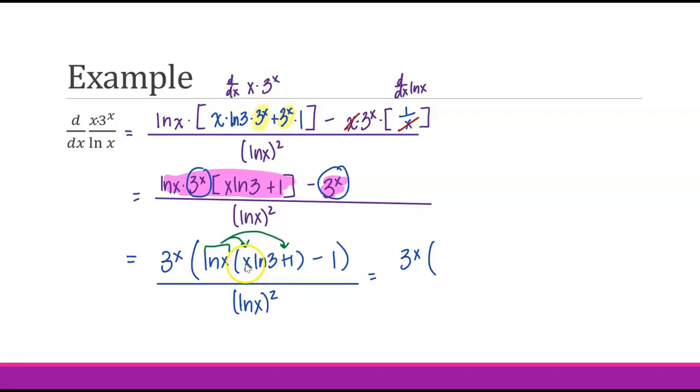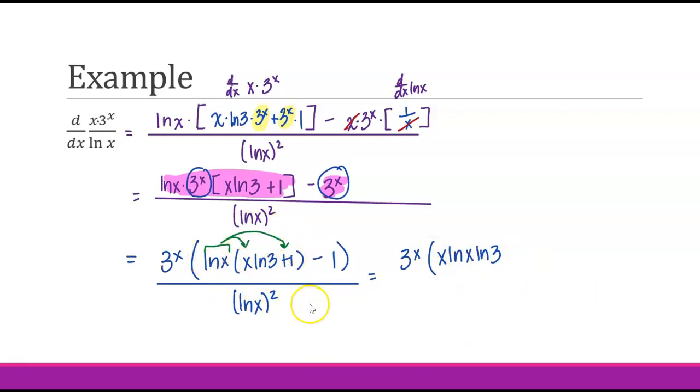So a common mistake is that sometimes people multiply this x, and I can't do that. So natural log x is kind of stuck, right, as its own function. X is stuck and natural log 3 is stuck. So we're going to really just leave our answer as x natural log x times natural log 3. All I did was sort of rearrange the order.